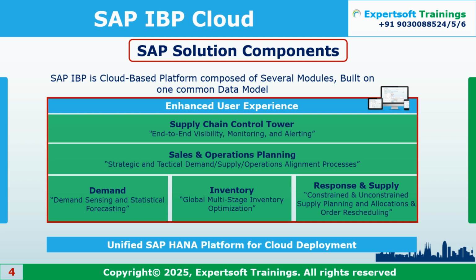In IBP for demand, a lot of methods are available to clean the historical data. We have substitute missing value, outlier detection and correction, and promotional sales spike elimination. With the help of that, you can clean your historical data. Once cleaned, with the help of ABC XYZ segmentation and time series analysis, you will get to know what kind of sales history pattern your product is following, whether seasonal, trend, or both. If you understand those things, you can easily pick the right models.